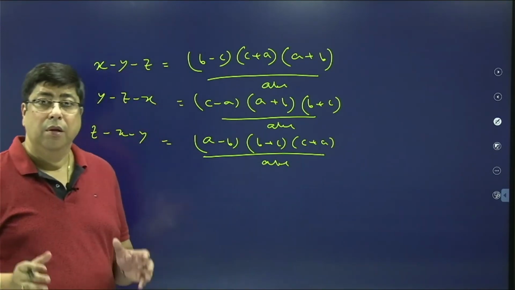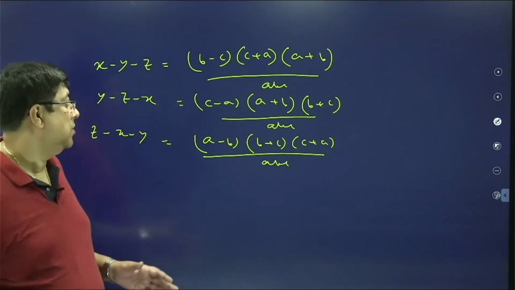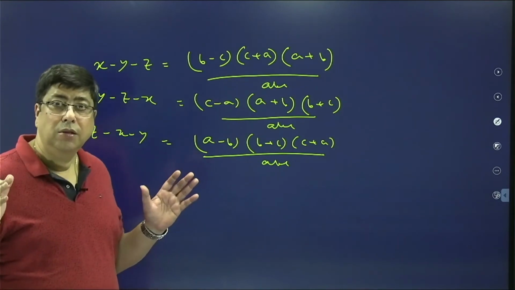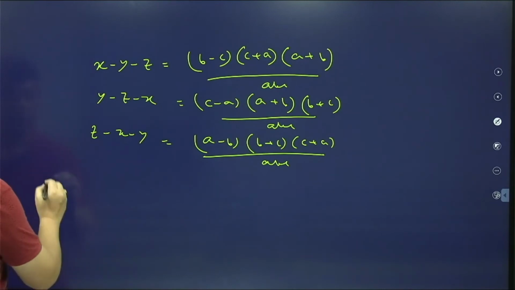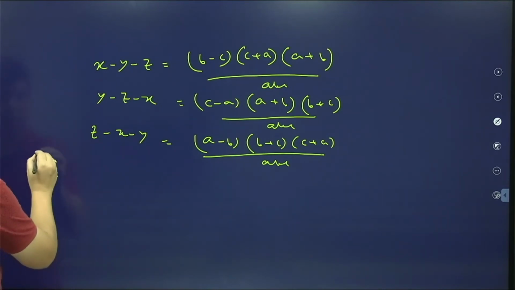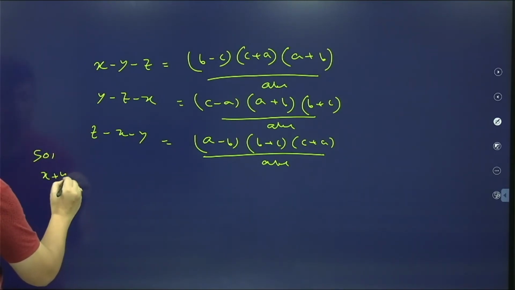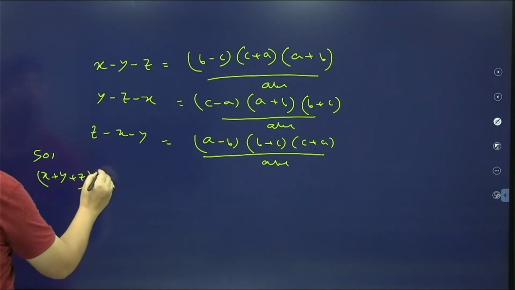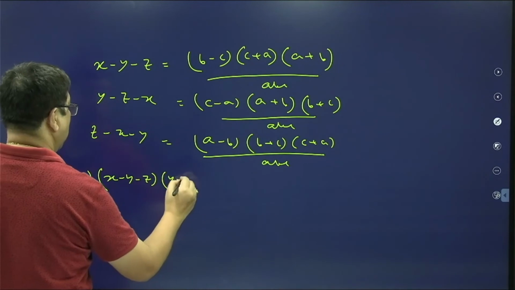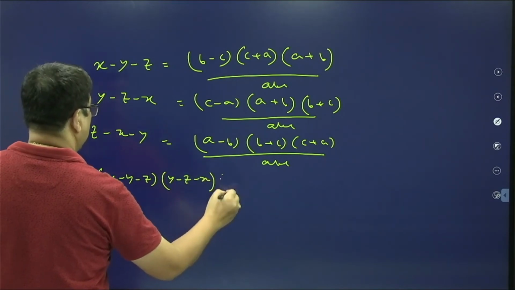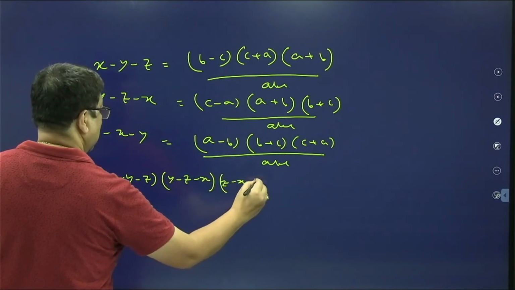So by multiplying all these four results, we are getting here x plus y plus z into x minus y minus z into y minus z minus x into z minus x minus y.